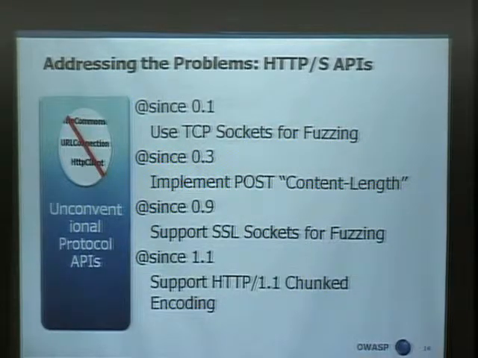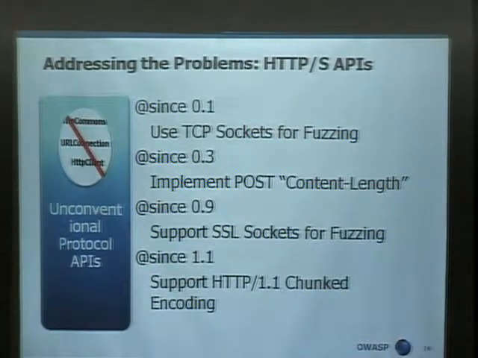Let's say that today you started writing a fuzzer and you decided to rewrite the sockets to implement HTTP for fuzzing. What would you need to overcome? Well, you'd have to implement the post content length rewrite. Every time you're posting something, if the length of the post changes, i.e. you've selected a parameter and you're fuzzing that parameter, then the content length changes.